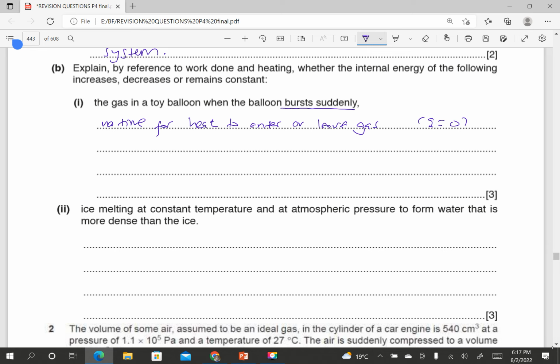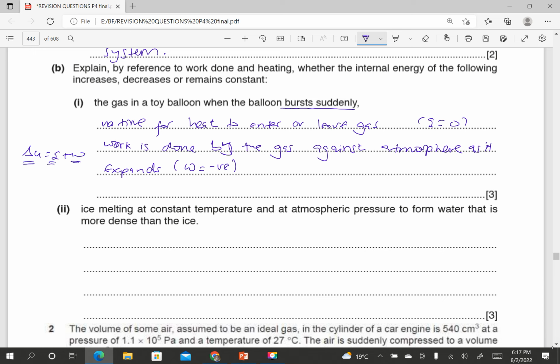Because work is done by the gas, W is negative. So the change in internal energy equals Q plus W. Q is 0, W is negative, meaning this is negative. That is a decrease. So we simply say internal energy decreases.